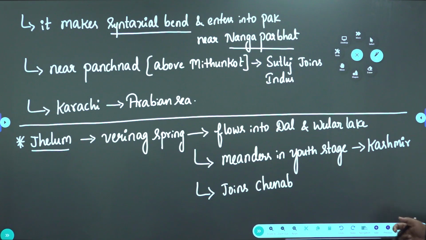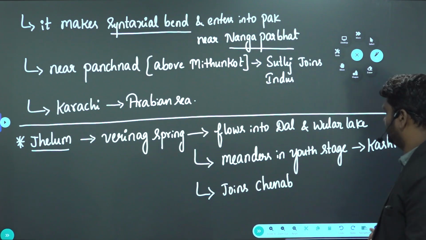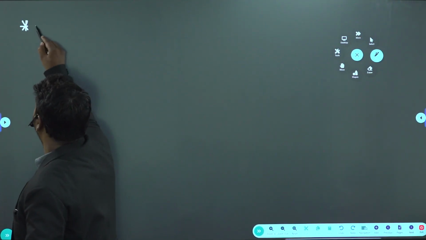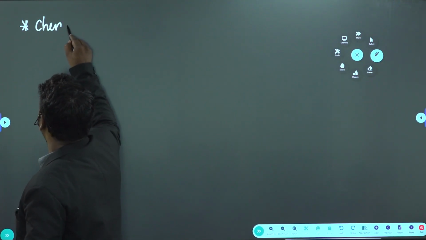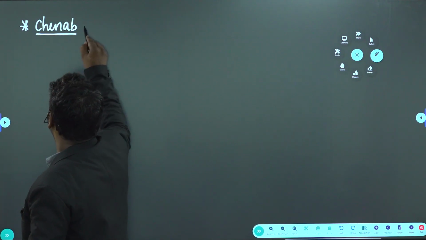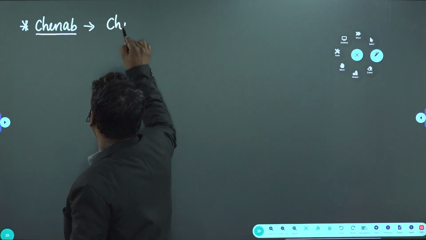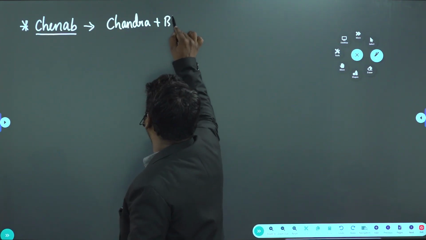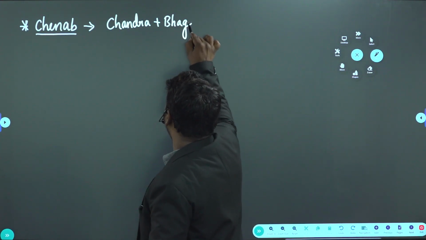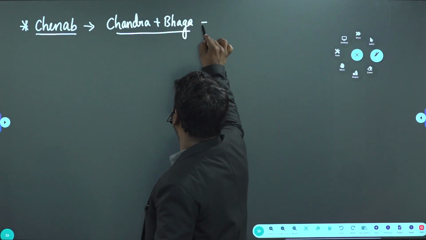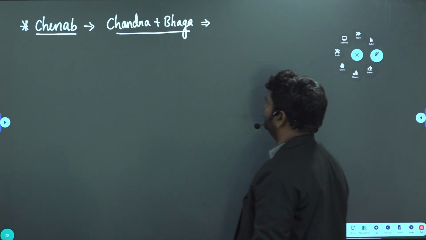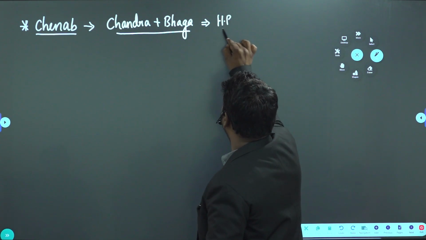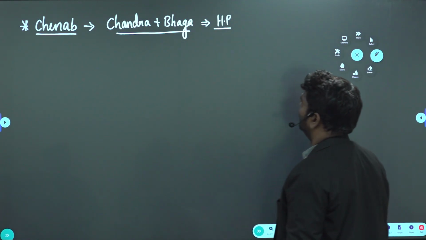Then Chenab actually originates as Chandra plus Bhaga near Himachal Pradesh.